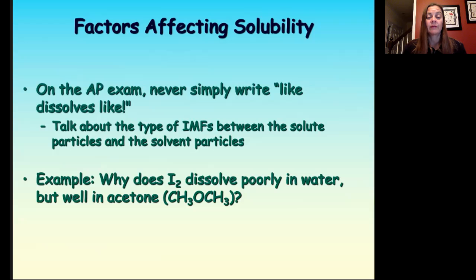We would say, if we were asked this question on the exam, that iodine's intermolecular forces are more similar to those of acetone than they are to water, and therefore iodine dissolves better in a nonpolar solvent like acetone.